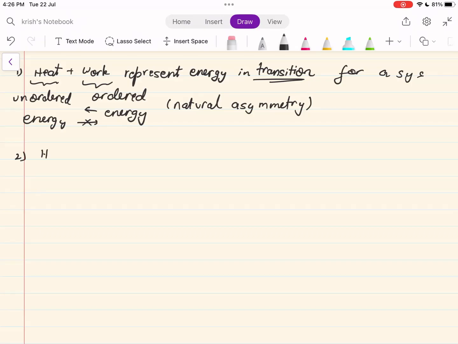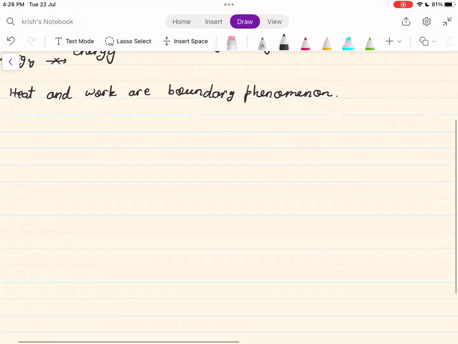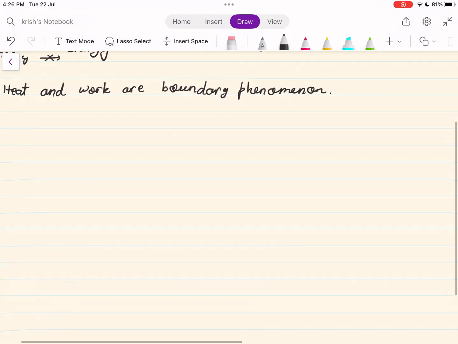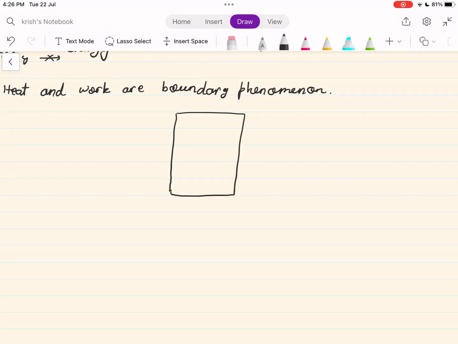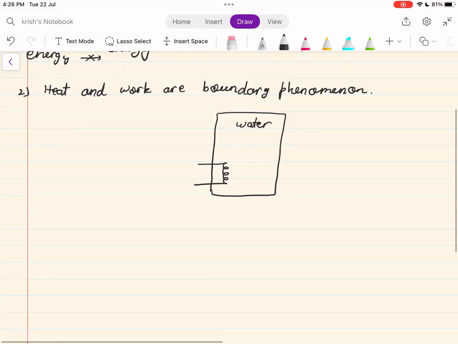Right. An important thing to note is that heat and work are boundary phenomena. This statement is very important because you will get questions where suppose you have a container with, let's say, some water inside it and you have put a heater like this.